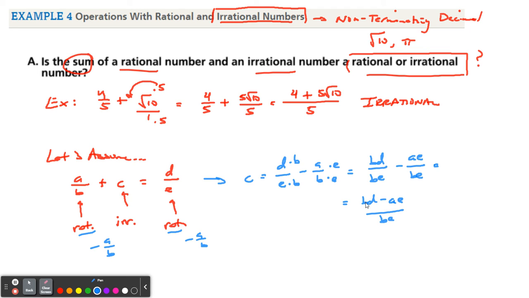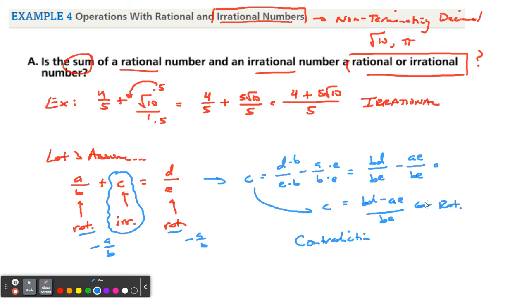This, my friends, because you took a rational and subtracted a rational, is actually rational. And this is supposed to equal C. But wait. We started off with C being irrational, and now we got it to be rational. This is called a contradiction. When you say one thing and then do another thing, that's a contradiction.